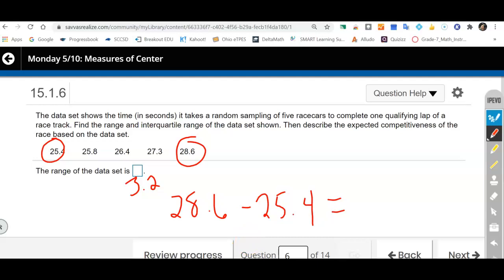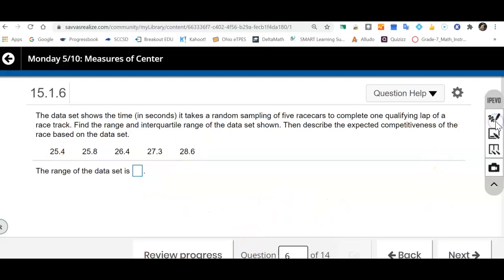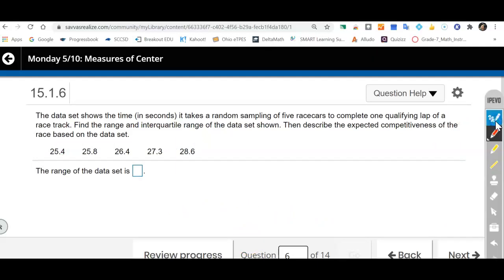Okay, now they want us to find the interquartile range. So that means my median is 26.4. So you go ahead, find the other two numbers for the interquartile range.